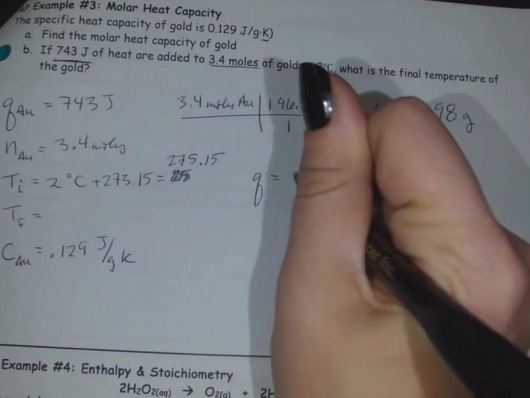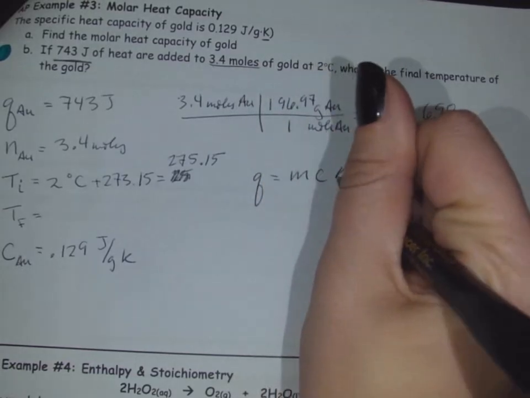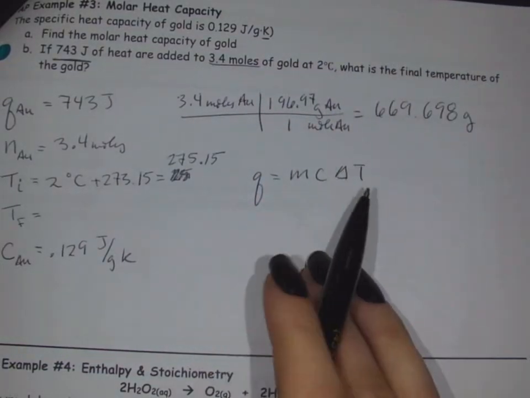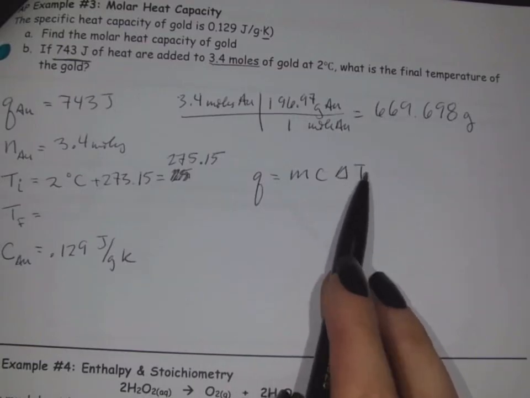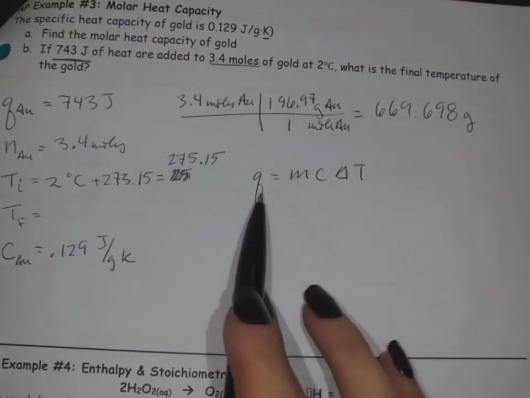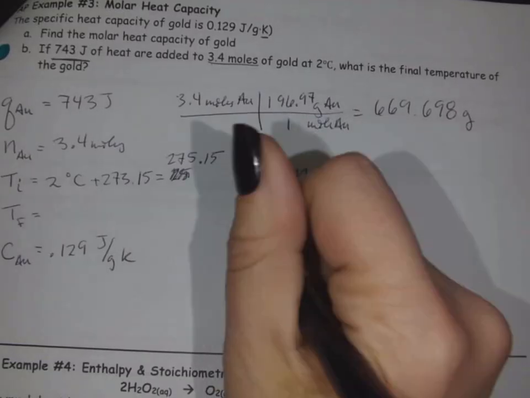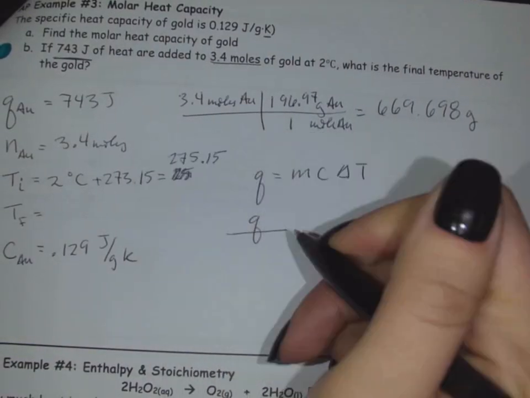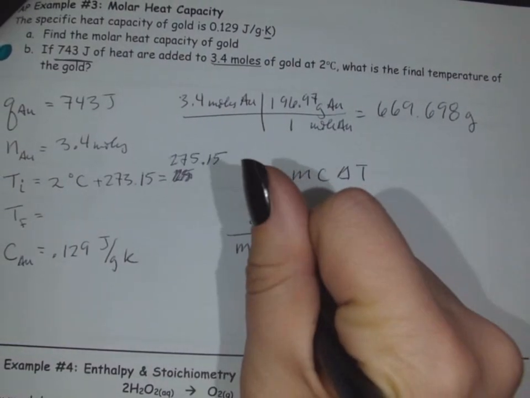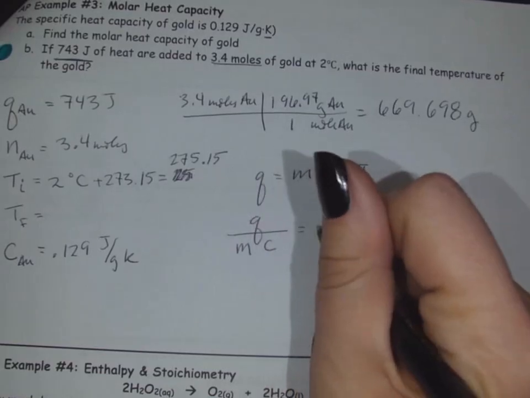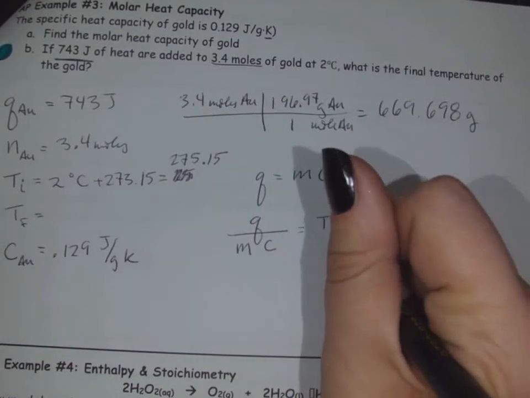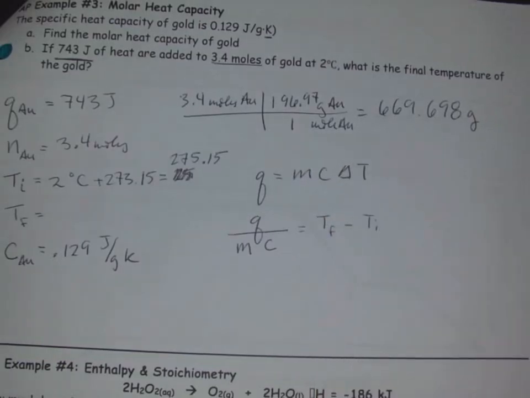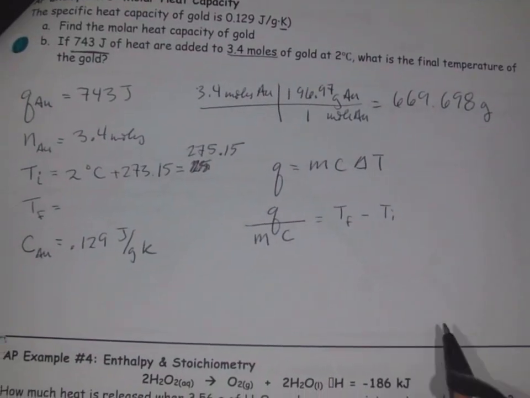Watch carefully how I rearrange this equation because it can be a little confusing for students. So I have Q equals mC delta T. We're solving for temperature final, which is in here. So I'm going to start by isolating delta T by dividing by the mass and the specific heat. So Q divided by m and c will equal delta T. Now, a reminder, delta T is temperature final minus temperature initial, and I'm solving for temperature final.